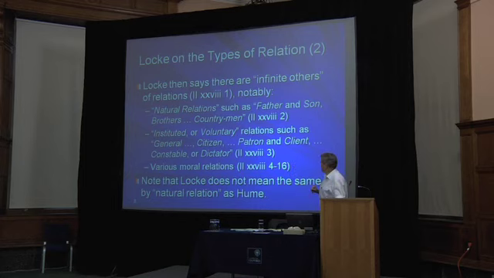When Locke talks about natural relations, it's things like father and son, brothers, countrymen. So it looks like it's broadly blood relationships, that kind of thing. And then he talks about instituted or voluntary relations, such as general, citizen, patron and client, constable or dictator. And then he talks about various moral relations.